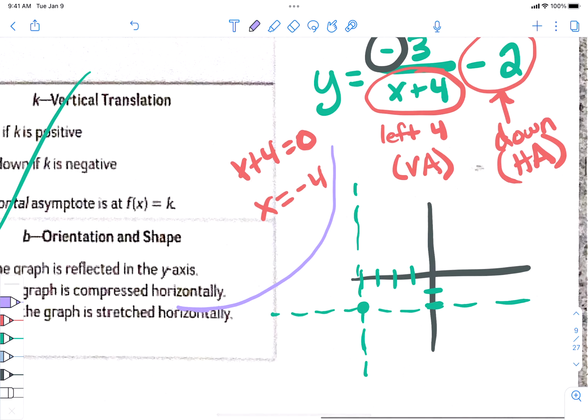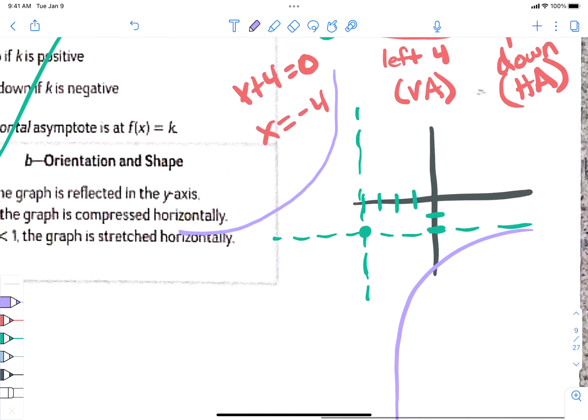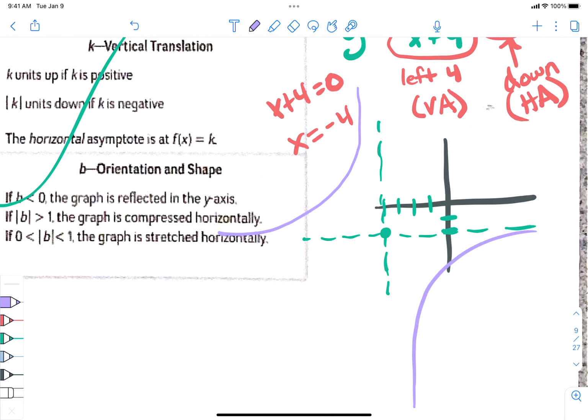Rather than being like this, he's going to be more of a C and less of an L. If we stretch him out and make him taller, we're stretching him up. So he's going to look more like a C and less of an L, and we're going to be in this quadrant and this quadrant. Okay, I am not really particular about the numbers, just visibly make him more of a C and less of an L. Make sense? Ish? Okay, so that's kind of like the shortcut to graphing these.